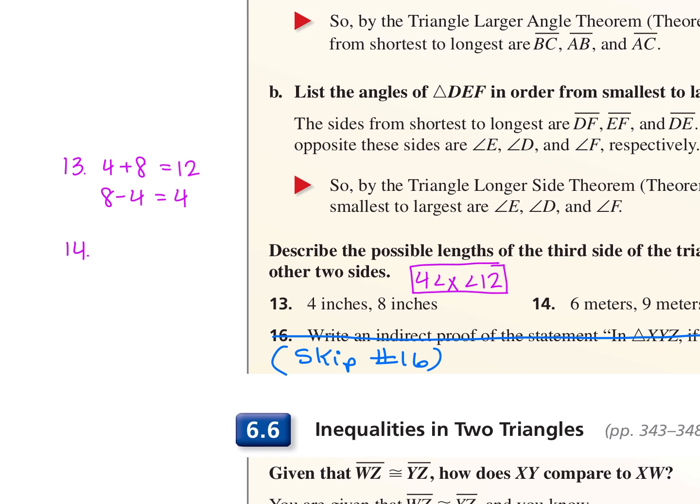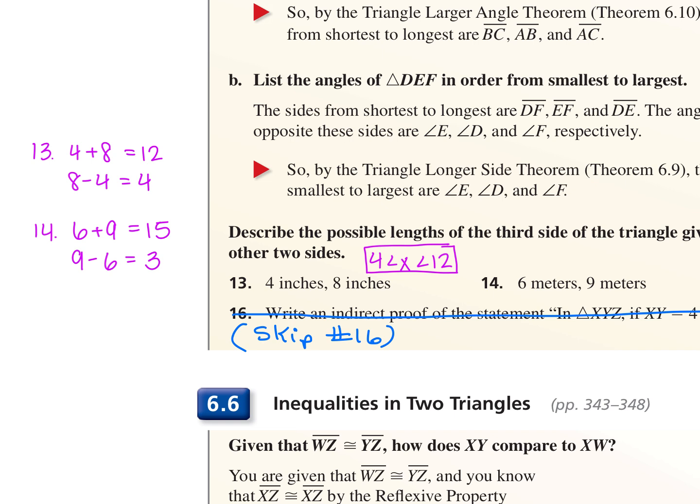14, same thing. Adding, I'm going to do that first, and then subtracting to get my smallest. So my answer for 14 is your value of your side has to be greater than 3, but less than 15.